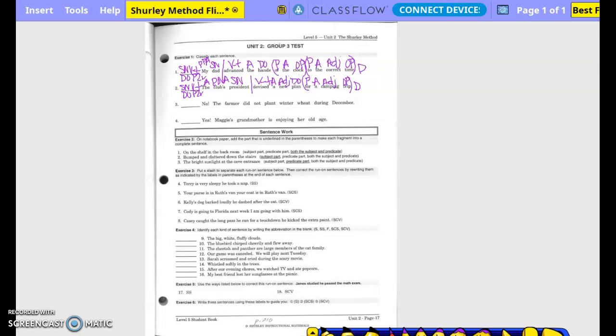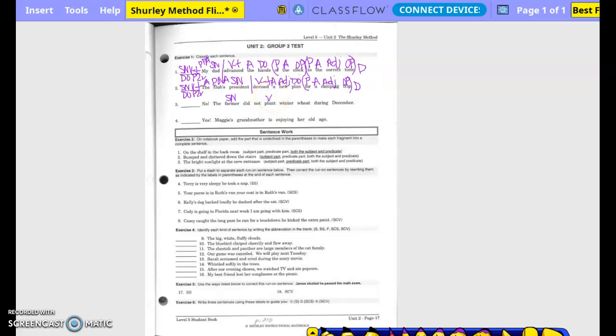Who did not plant winter wheat during December? Subject. Noun. What is being said about the farmer? Plant. And did not plant, right? Okay. So plant is the what? Verb. Okay.